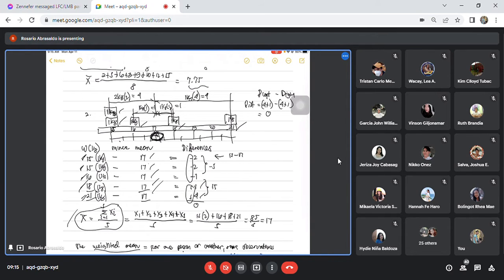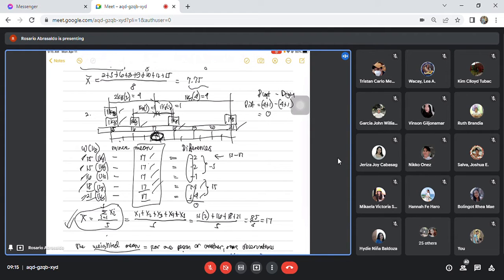Okay. To solve this one, class, the mean uses this formula: the summation of x sub i, where i is from 1 to 5. Five is the number of observations, since there are 5 weights of 1 kilogram, over n, which is 5.